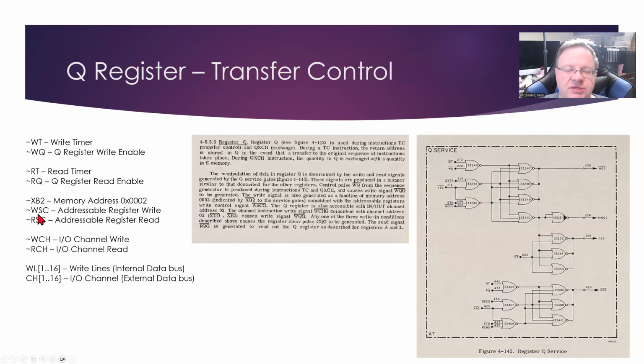And we also have our signal, either WSC, which means that we want to write into our register as an addressable register, or RSC, if we want to read from that memory address or register as a memory address. We also have a few other signals, WCH and RCH, which manage data in and out on the I/O bus.